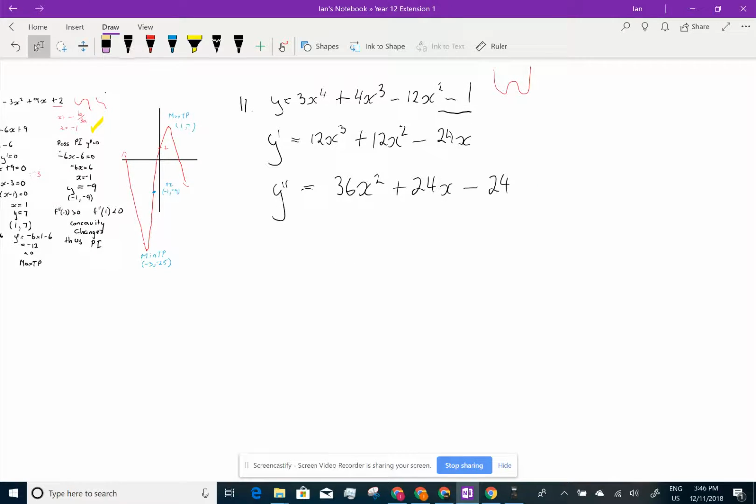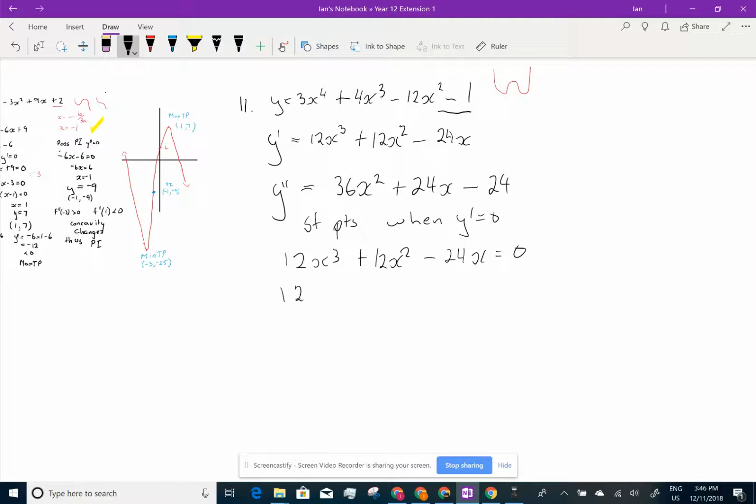Okay, let's deal with the stationary points first. Stationary points when y dash equals 0. Okay, so we got 12x cubed plus 12x squared minus 24x equals 0.